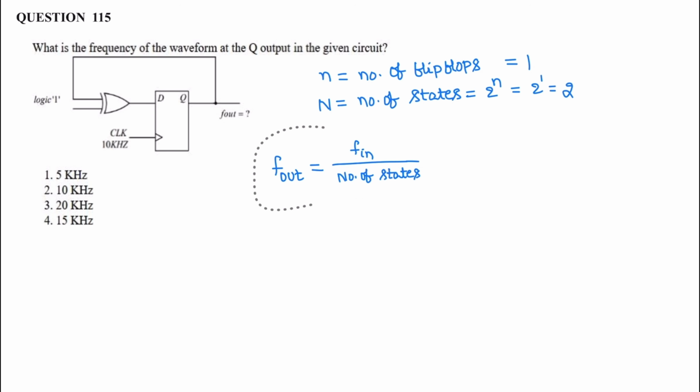The input frequency given in the circuit is 10 kilohertz. So 10 kilohertz divided by the total number of states, which is 2. So the answer is 5 kilohertz output frequency. The correct answer is option 1.